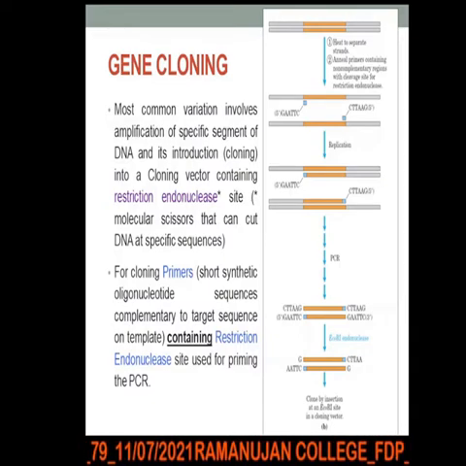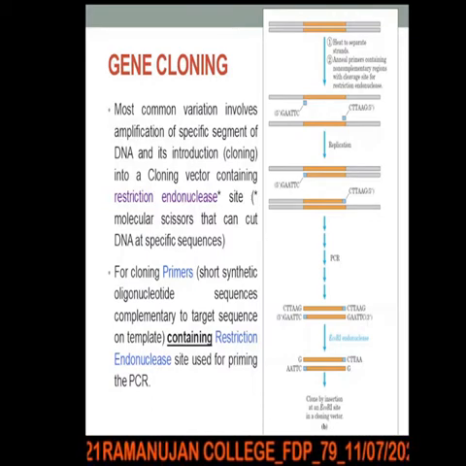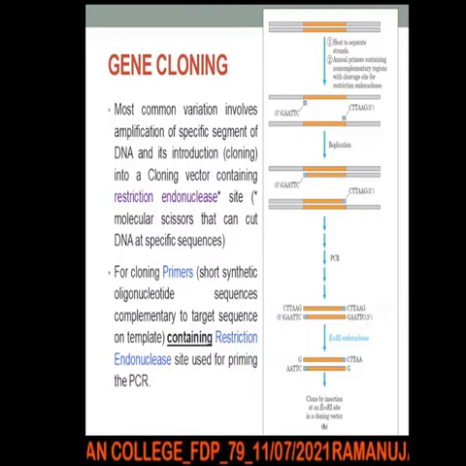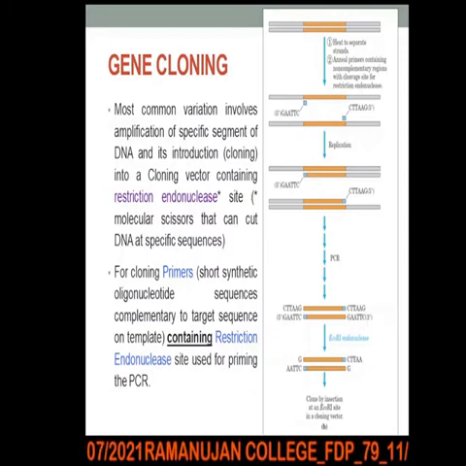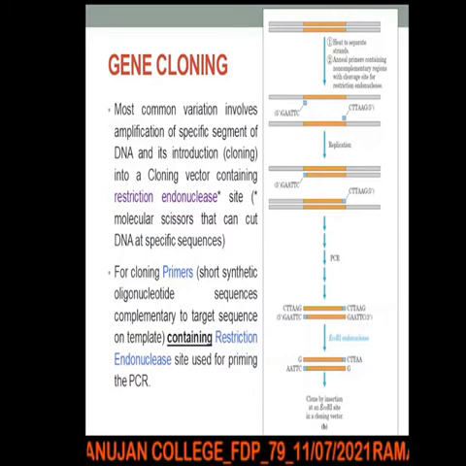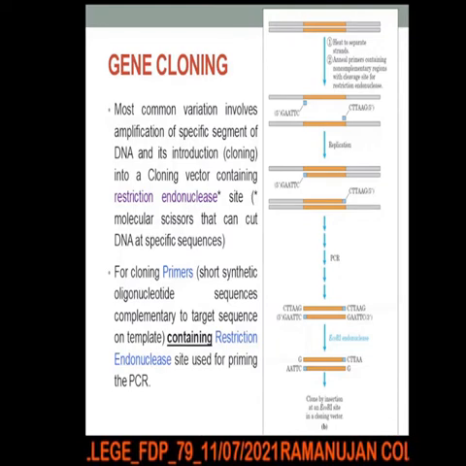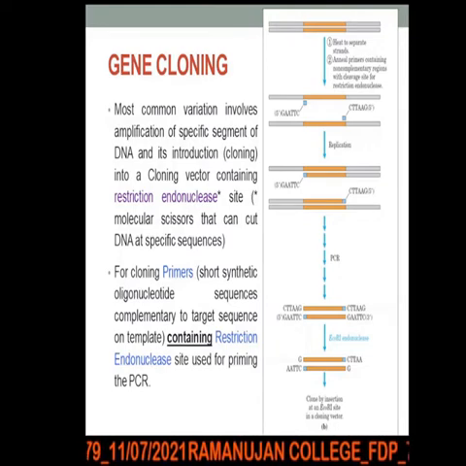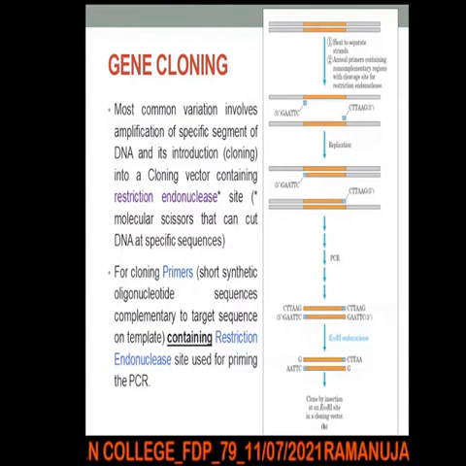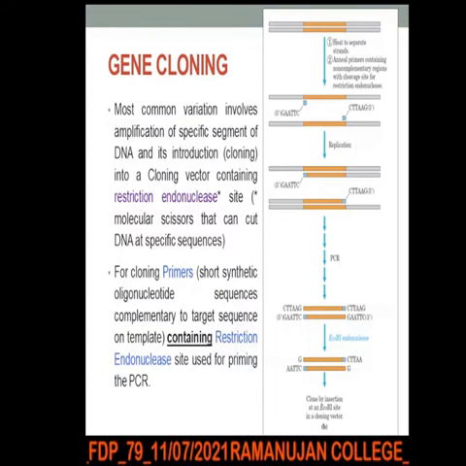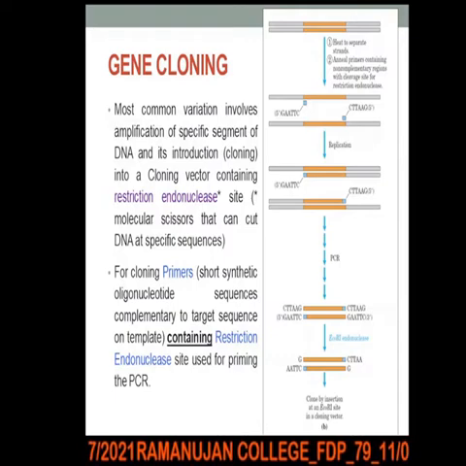At the bottom, as you see, there are 4 bases missing on your left hand side on the top strand, while 4 nucleotides are missing in the bottom strand on your right hand side. The same way, these kind of staggered ends are also generated in your cloning vector.